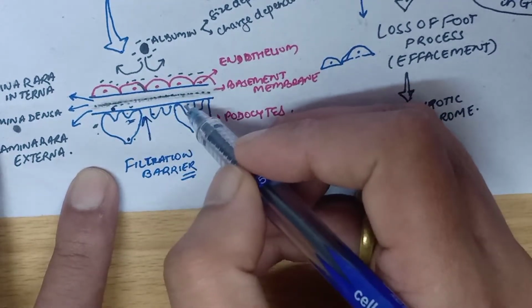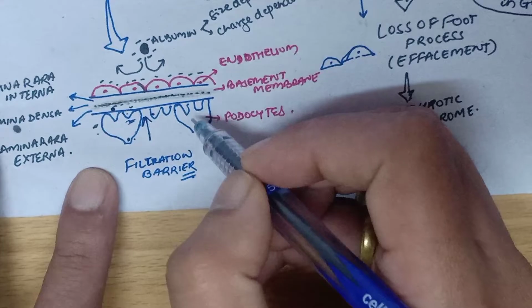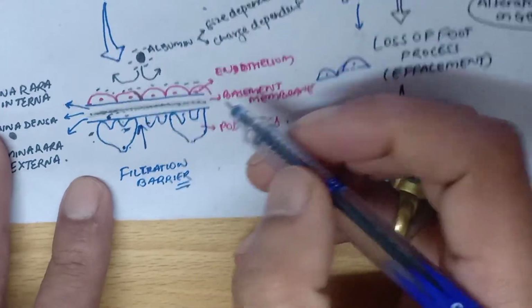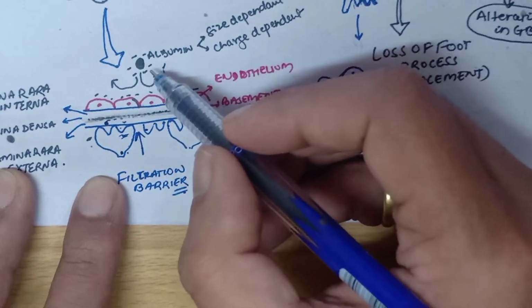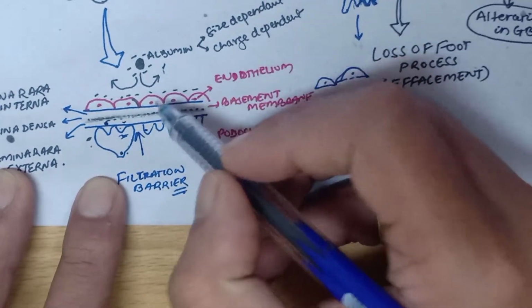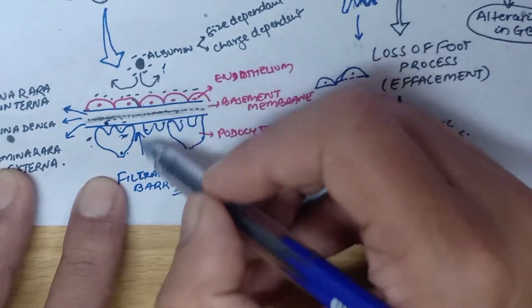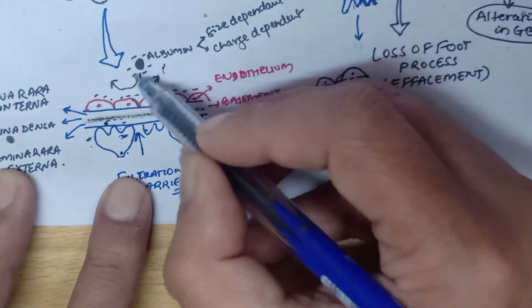Now this filtration barrier is size dependent and charge dependent. So when larger molecules like proteins or RBCs come to the filtration barrier, they will not get filtered as their size is larger.